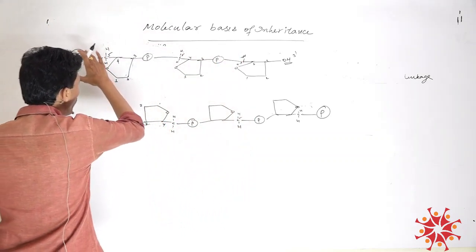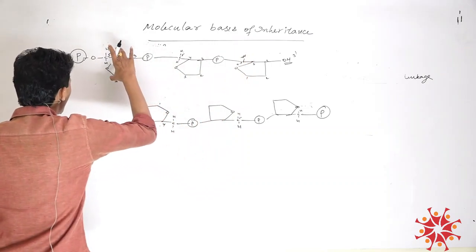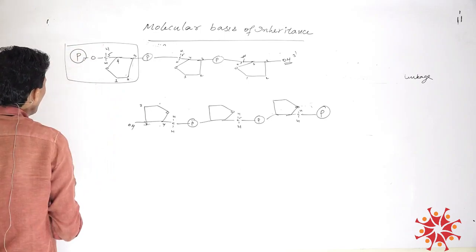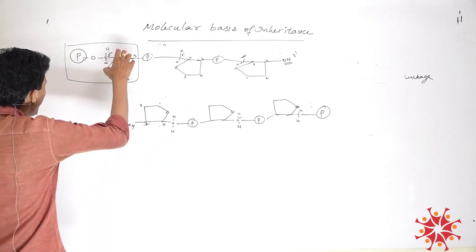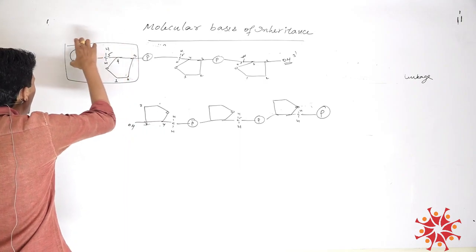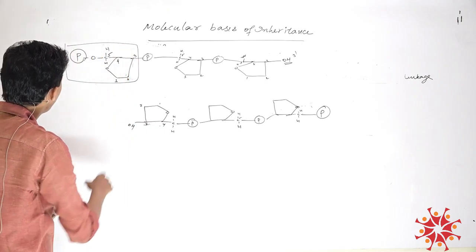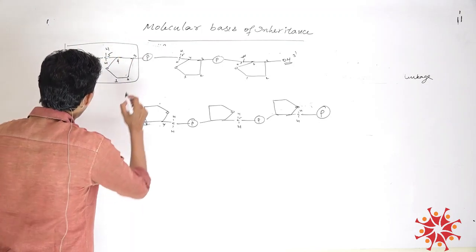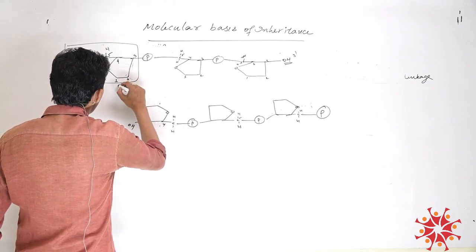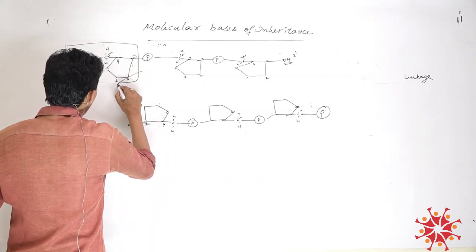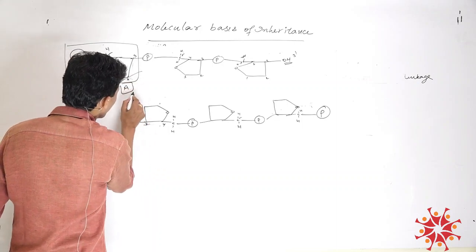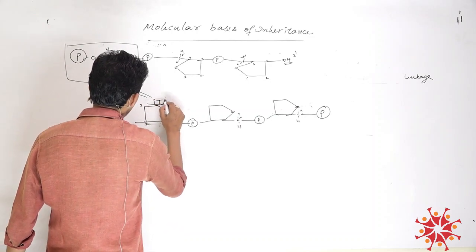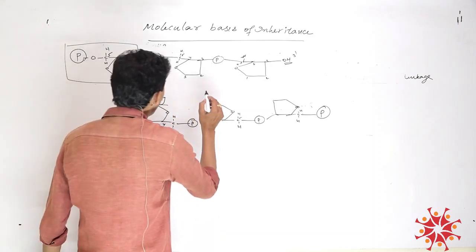So one polynucleotide chain, this is one nucleotide, from here to here. One nucleotide contains one sugar and one phosphate. So one nucleotide here contains one pentose sugar, here one phosphate, and here you will find the nitrogenous base.